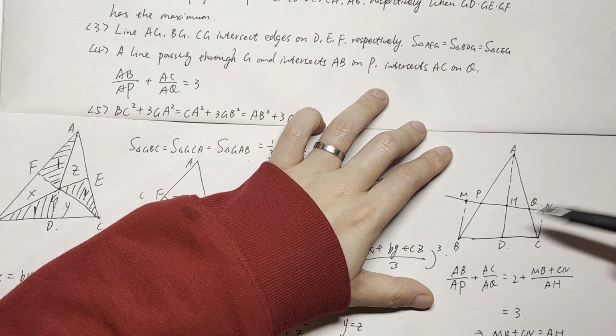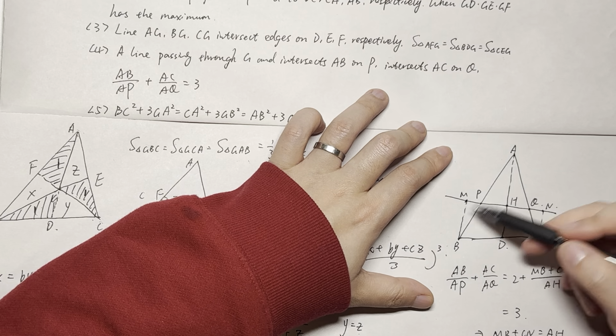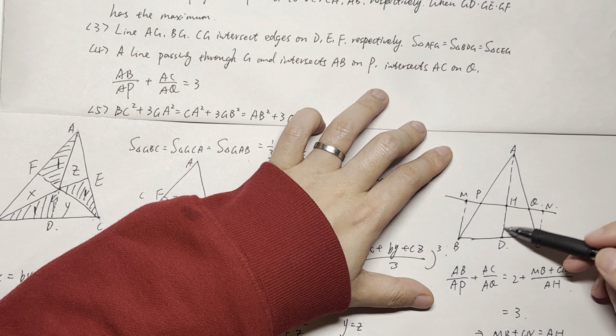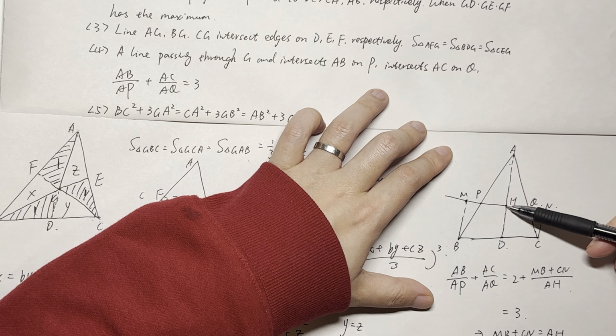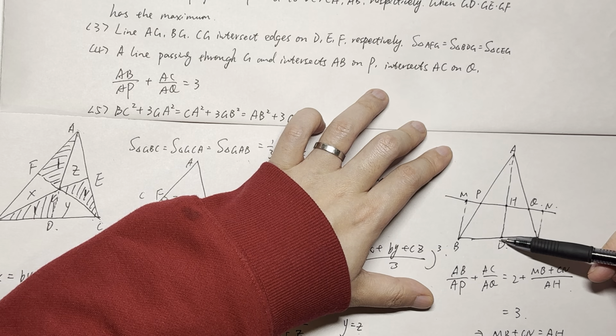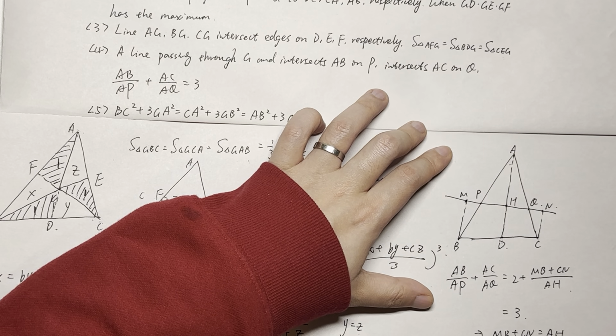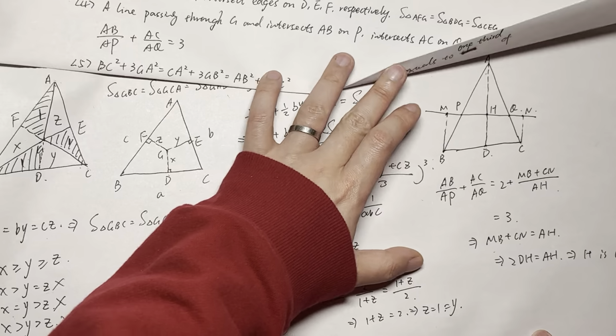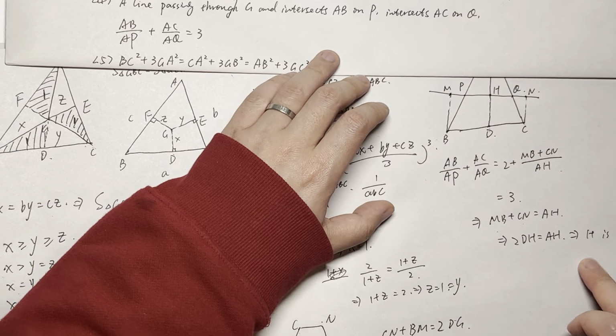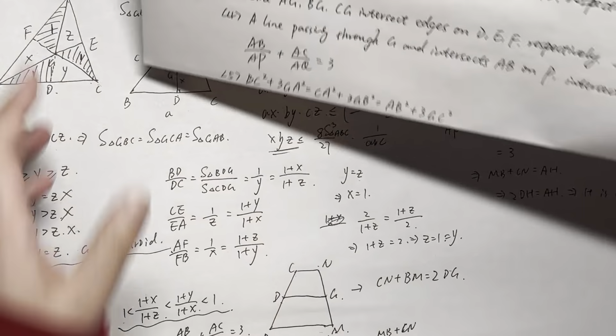Because MB plus CN is twice DH, we get 2DH equals AH. Because AD is a median, and H satisfies AH to DH equals 2 to 1, that means H is the centroid. Okay, let's see the next one.